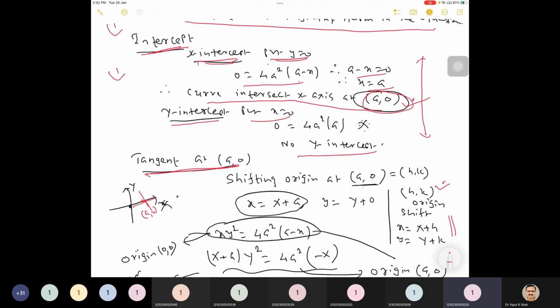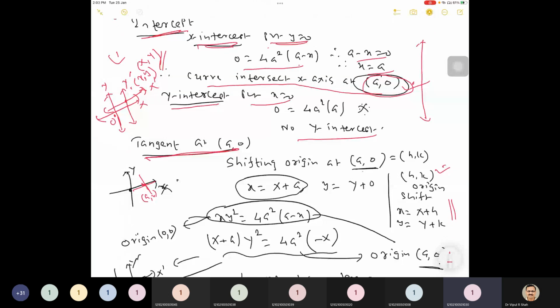Suppose you are having the original x axis, y axis like this, and the new x axis and y axis like this. So this is X dash and this is Y dash. So this is our new origin. If any point (x, y) about the old origin becomes (X, Y) about this origin, what is the relation between them? This is the relation. 12th standard માં આવે છે.